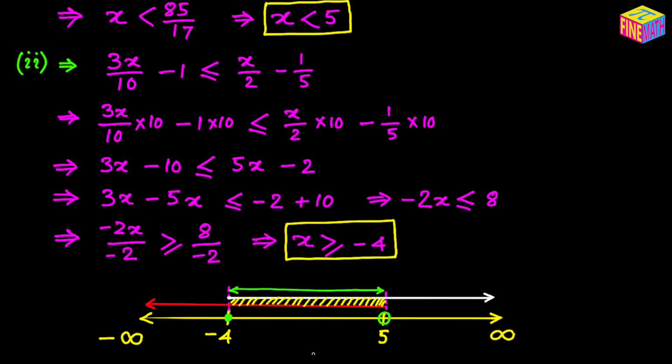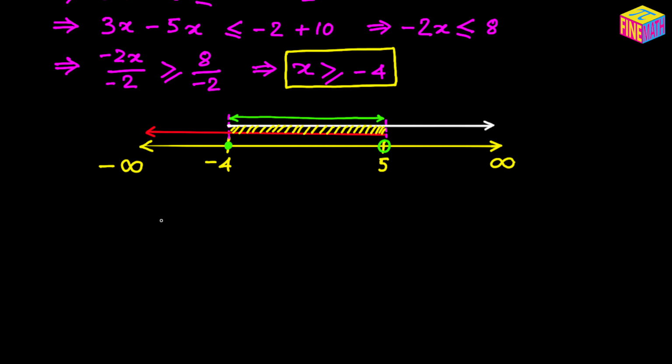So how are we going to write the solution set? We can say x must belong to the set of real numbers between -4 and +5. -4 is included in the solution set because of the equality sign, since x is greater than or equal to -4. We go up to +5, but is +5 included?